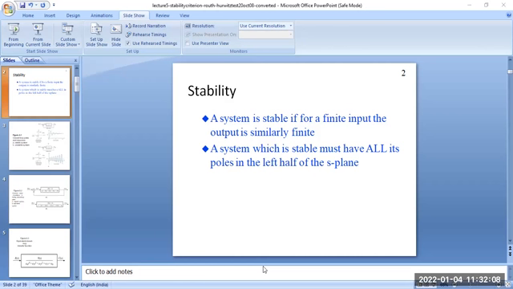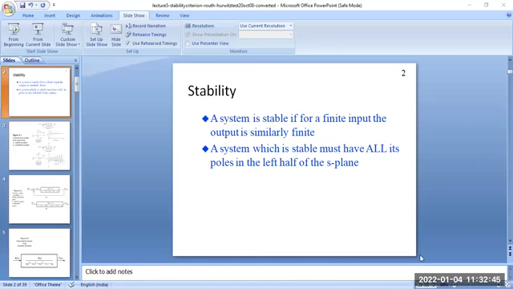In the characteristic equations of any feedback control system, when we need the stability analysis, it is basically based on identifying the root locations. First of all, we have to know why stability is a requirement in our control system.